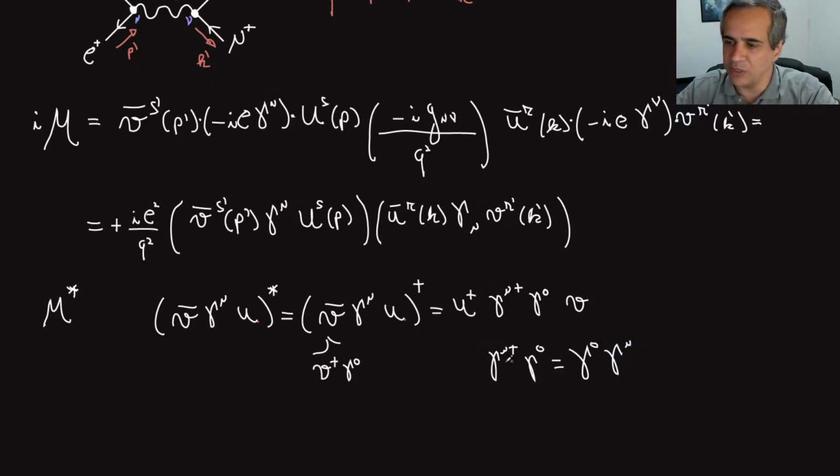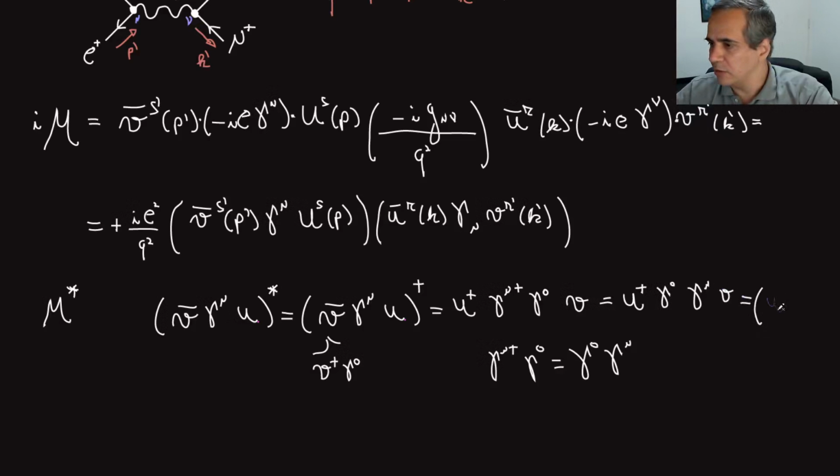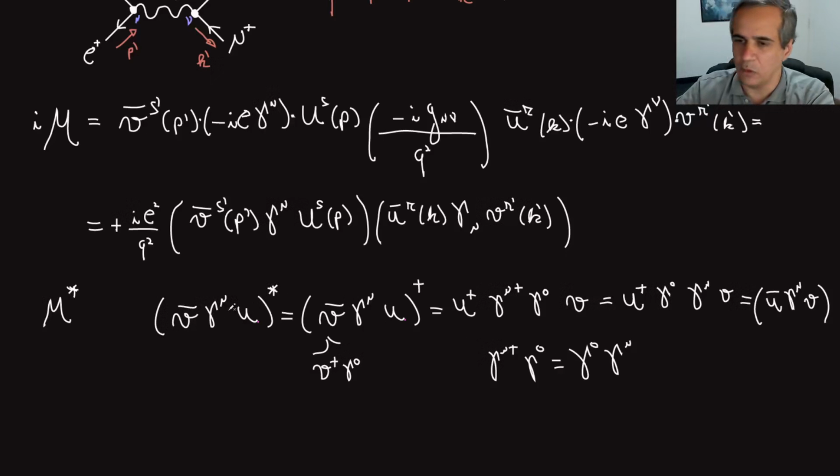So when I commute a gamma 0 with gamma mu dagger, I remove the dagger from gamma mu, which allows me to write this as U dagger gamma 0 gamma mu V, which is just U bar gamma mu V. So when I take the complex conjugate of objects like this, and I use V and U here, but I could have used U and U, U and V, V and V, it's all the same.